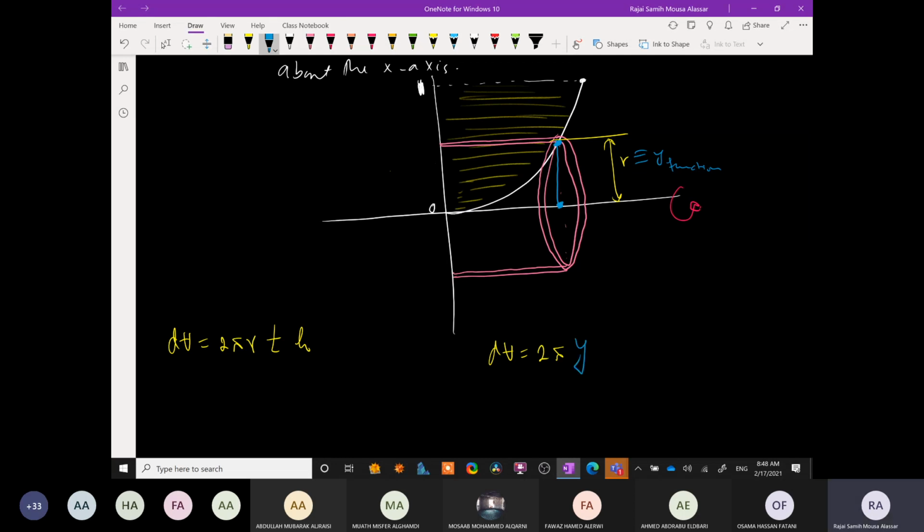All right. Okay, so this is r. What about the thickness now? What is this thickness here? It's a dy. So this is my thickness. What is this height? Okay, let's just look at this height. Isn't this the height?